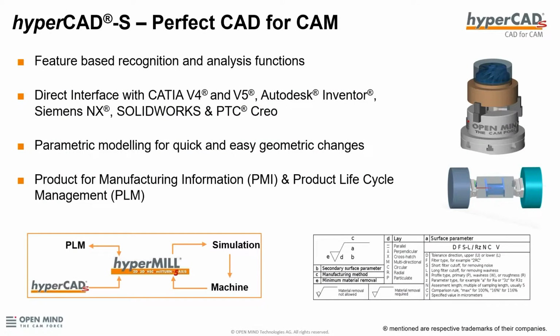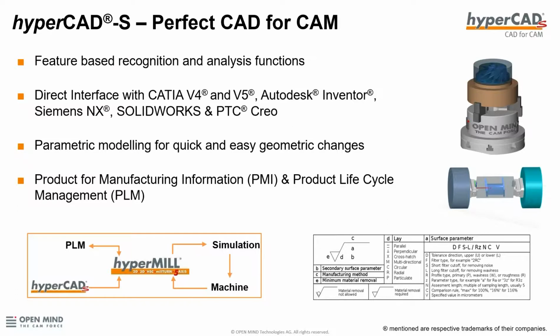Now let's talk more specifically in terms of all these various modules, starting with HyperCAD-S, which is a perfect CAD for CAM. It has things like feature-based recognition capabilities, even for turbomachinery components.